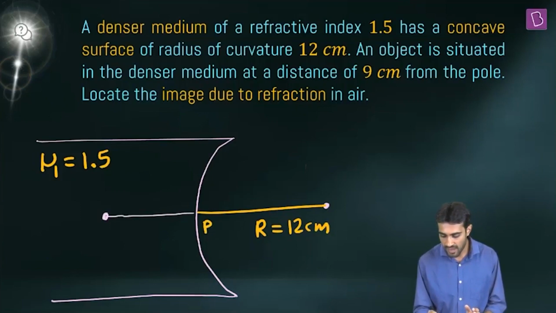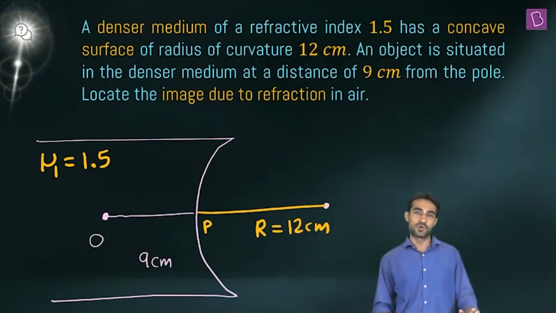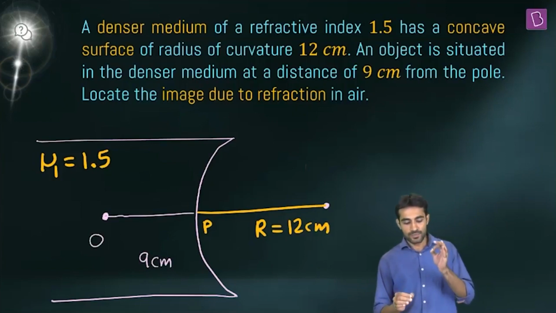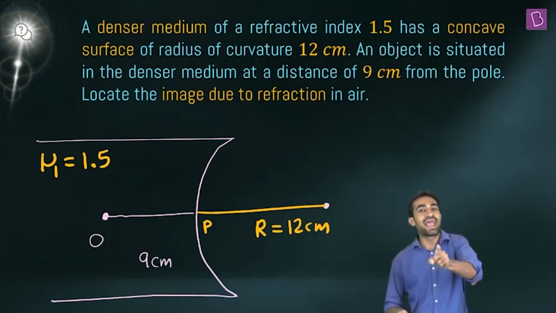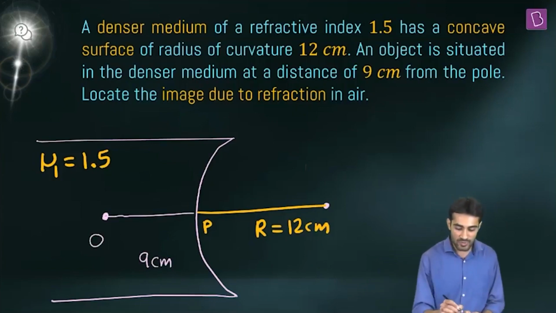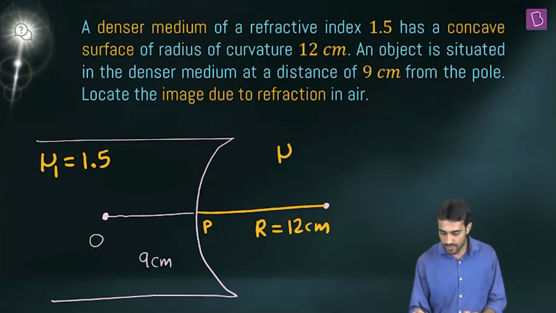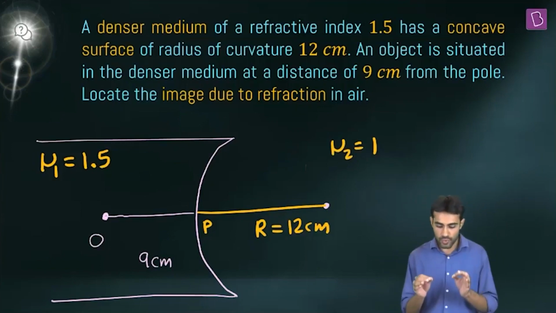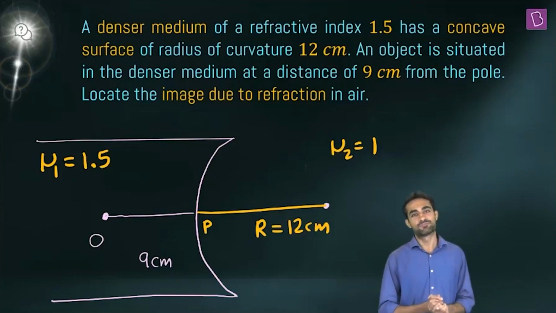Good. And we have to locate the image due to refraction in air. So outer medium is air. We will call it mu2 as 1.